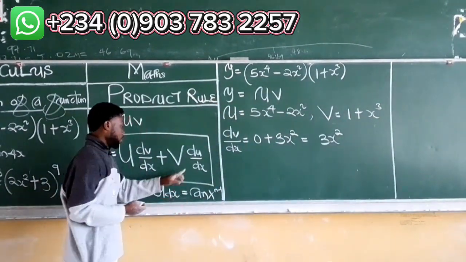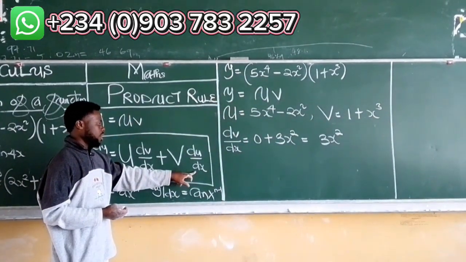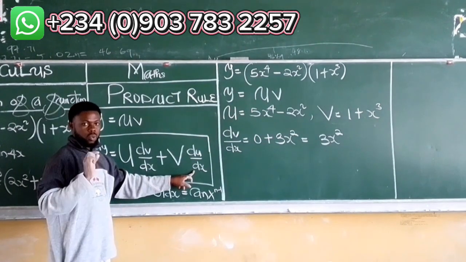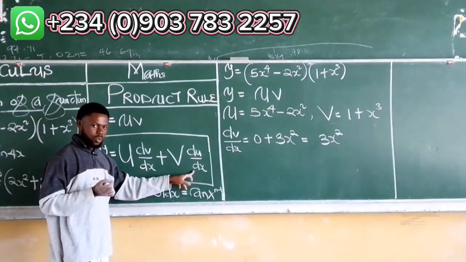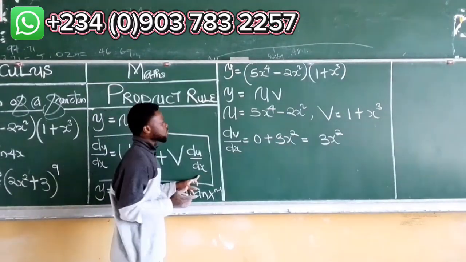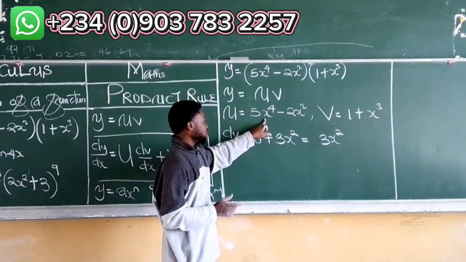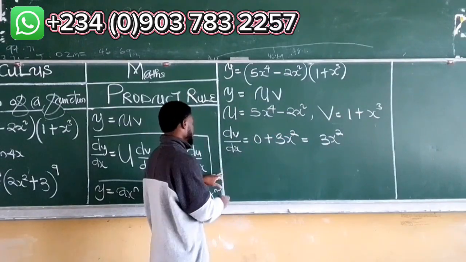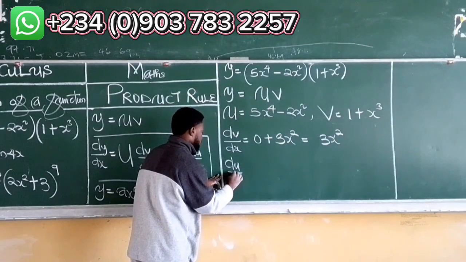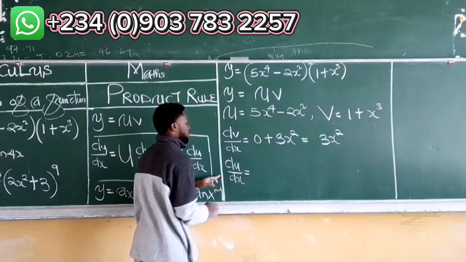Again, let's consider du over dx. To find the derivative of u with respect to x, we have to consider a set of equations that comprises u and x only. The derivative of this function becomes du over dx.